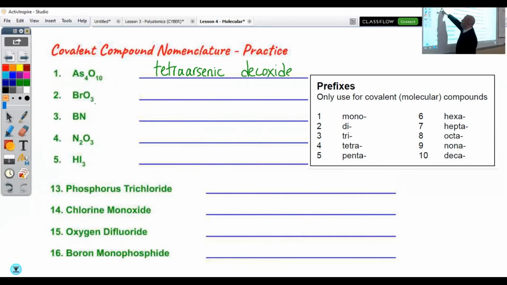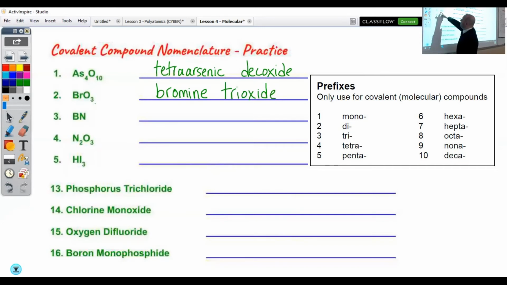In our second example, we have bromine. No prefix, no subscript here, no prefix in the name. We have 3 oxygens, so we have trioxide.